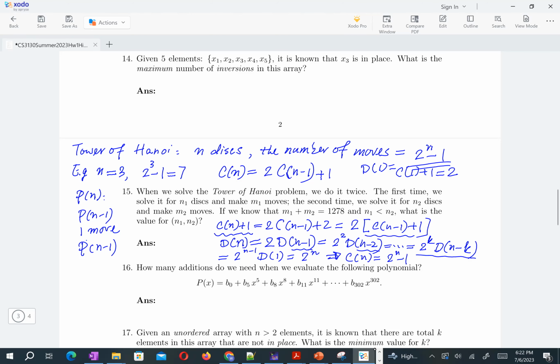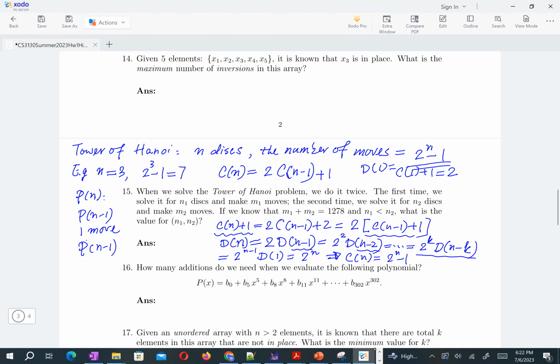Now, think about this question: can you apply this formula directly? You can apply 2 to the n minus 1. So for m1 disks, 2 to the m1 minus 1 is the number of moves. For m2, 2 to the m2 minus 1 is the number of moves. You can use that formula.